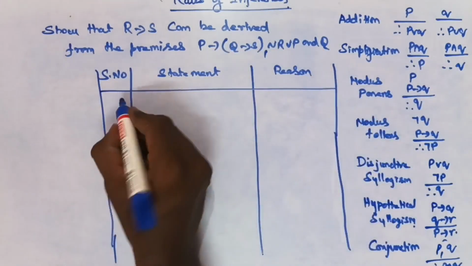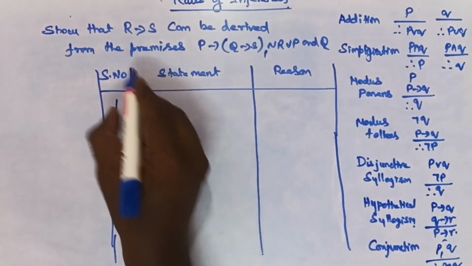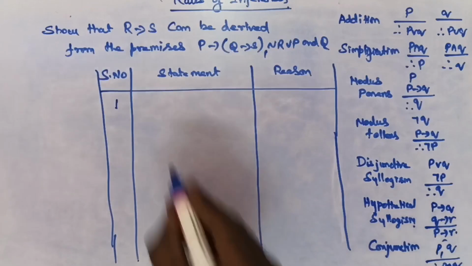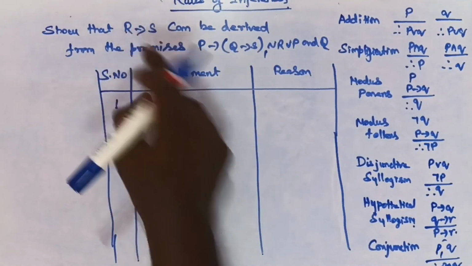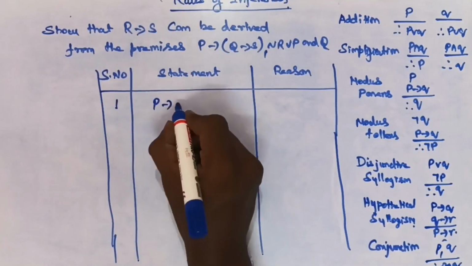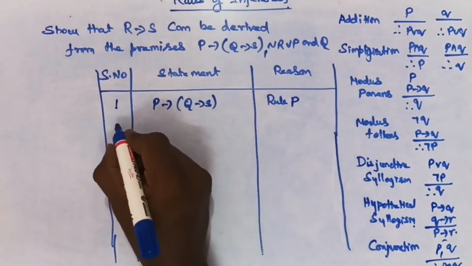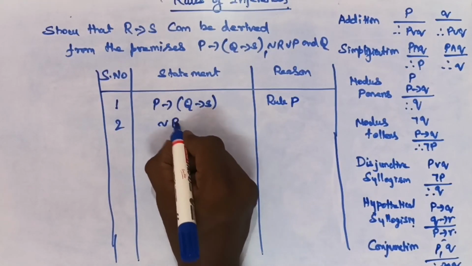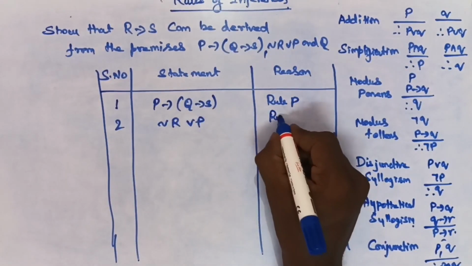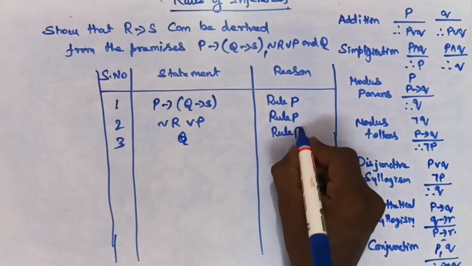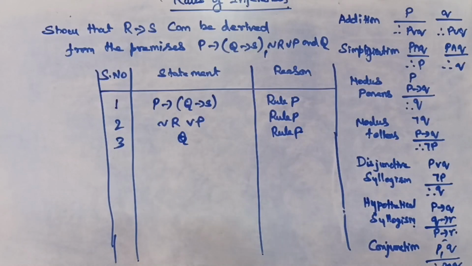First, include all the premises. We have to prove that R condition S can be derived from the premises. First, P condition Q condition S, rule P. Second, not R or P, rule P. Third, Q, rule P. Now we need to prove R condition S. Whenever you come across R condition S, it is going to be the CP rule.